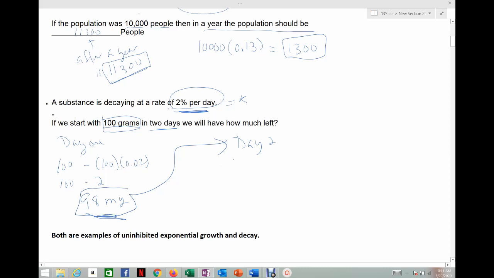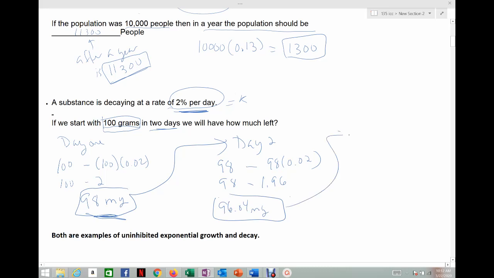To figure out how much is gone after day 2, you start with 98, because we already lost 2 grams. Now we're going to lose 2% of that 98. So 98 minus 2% of 98, which is 1.96. Subtract the 1.96 from the 98, which means at the end of that day, we only have 96.04 grams left.